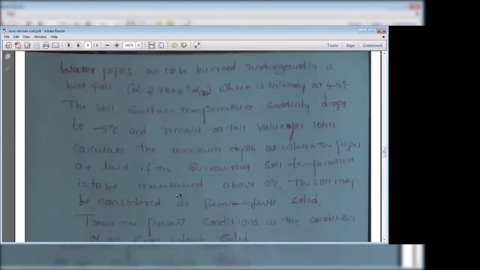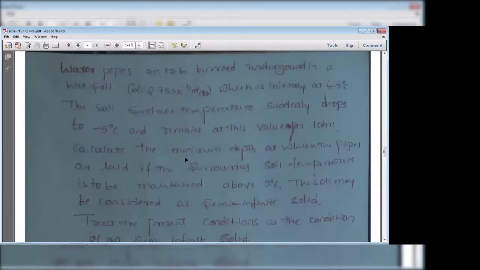The water pipes have to be buried underneath the ground. The initial temperature is 4.5 degrees Celsius and the soil surface temperature suddenly drops to minus 5 degrees Celsius, which remains for 10 hours. If I want to maintain 0 degrees Celsius, what is the minimum depth at which the pipes must be buried?